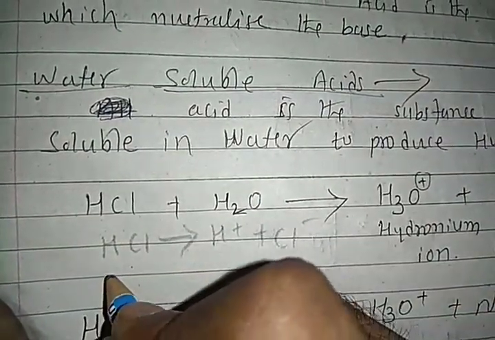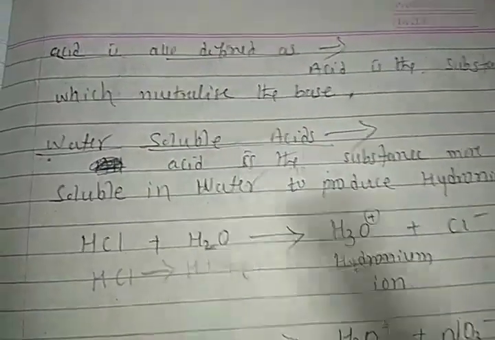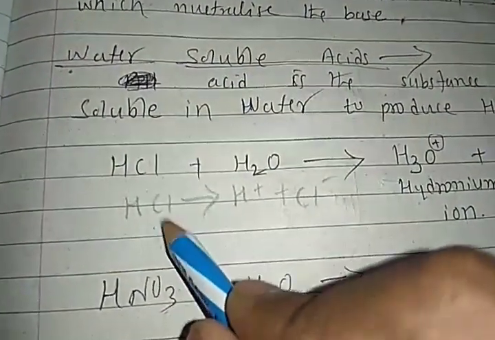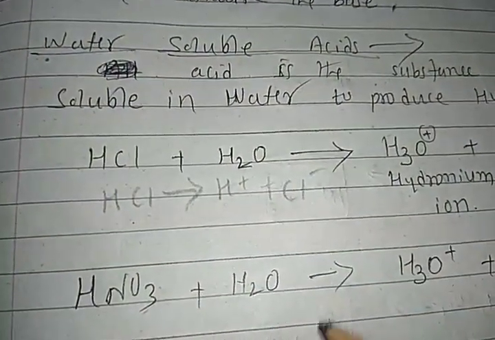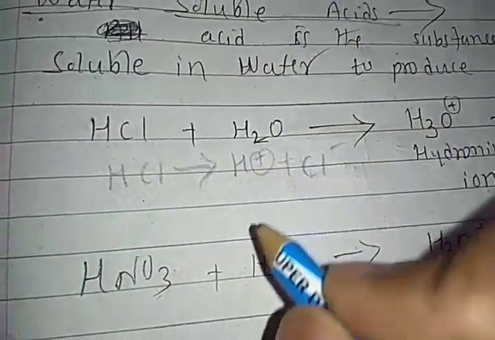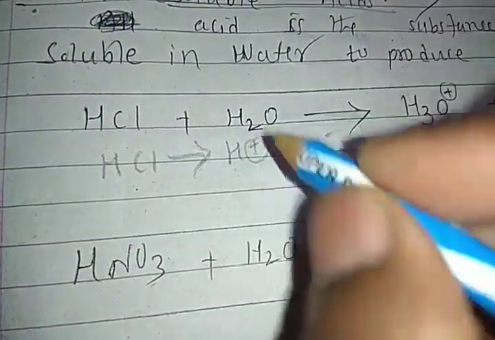So H2O. HCl dissociates into H plus and Cl minus. This H plus is attracted to the water.